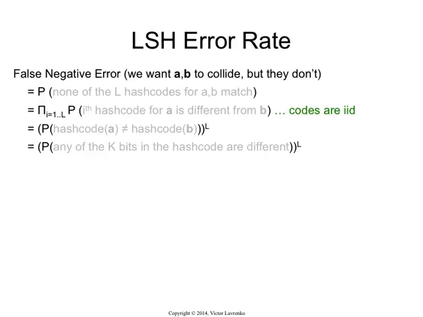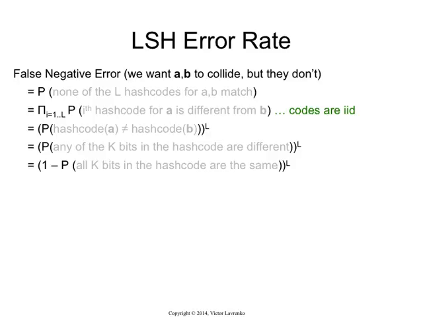And another way to write this is: any of the k bits are different if it's not the case that all k bits are the same. Right? I'm just doing logical negation here. So the probability that any bit is different is 1 minus the probability that all bits are the same. And I'm still raising it to the power L because I'm repeating it L times for L different tables. So I have 1 minus the probability that all bits in a hash code are the same.